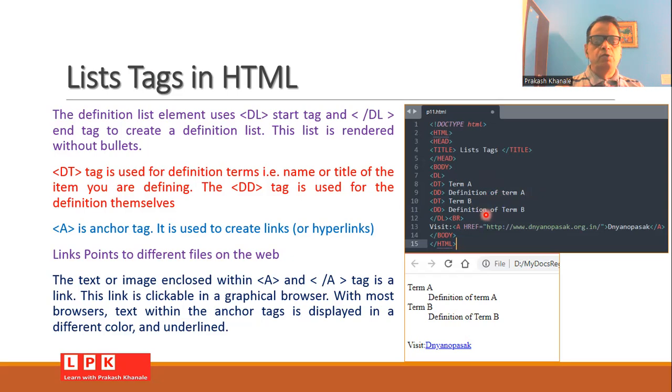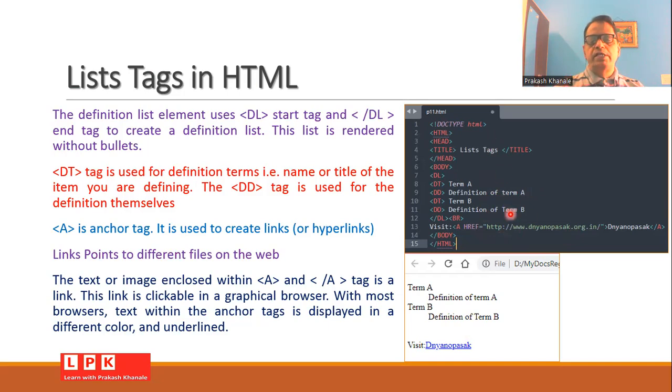And if you want to use the anchor tag to give a link to a different web page, then you can use the anchor tag A with href. Here you have to give the appropriate path or address of the web page.